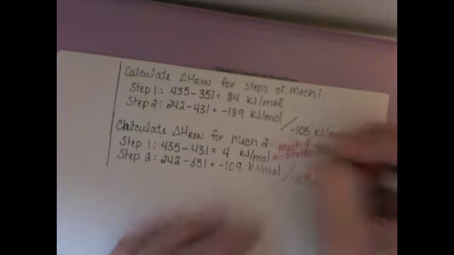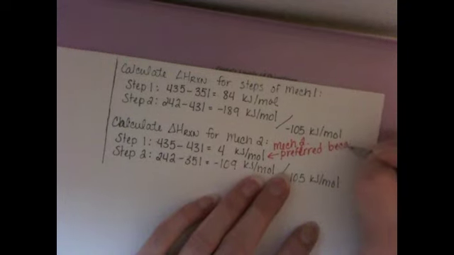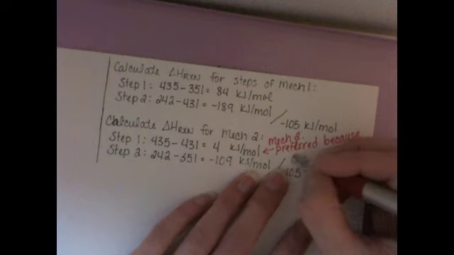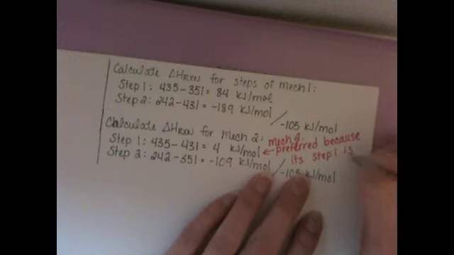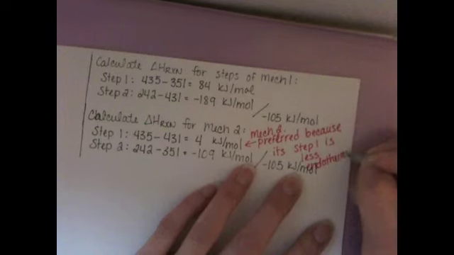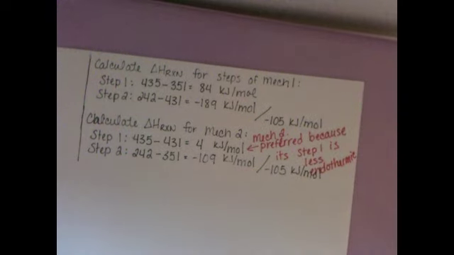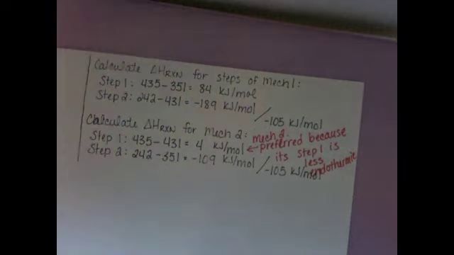The whole entire mechanism overall, mechanism 2, is preferred because its step 1 is much less endothermic. And the rest of the reaction, step 2, actually really doesn't matter. I suppose we didn't need to do that calculation, but those calculations are fun.